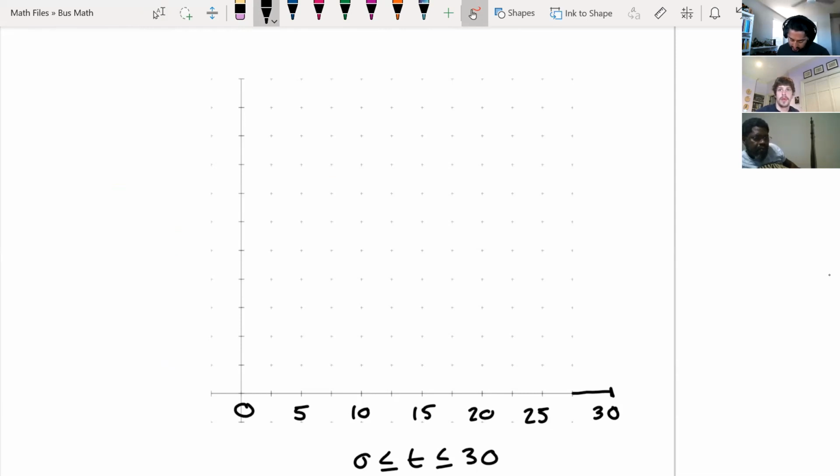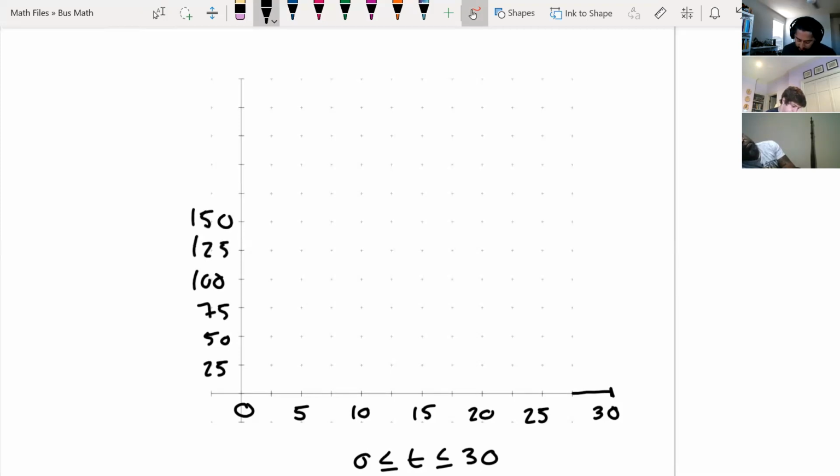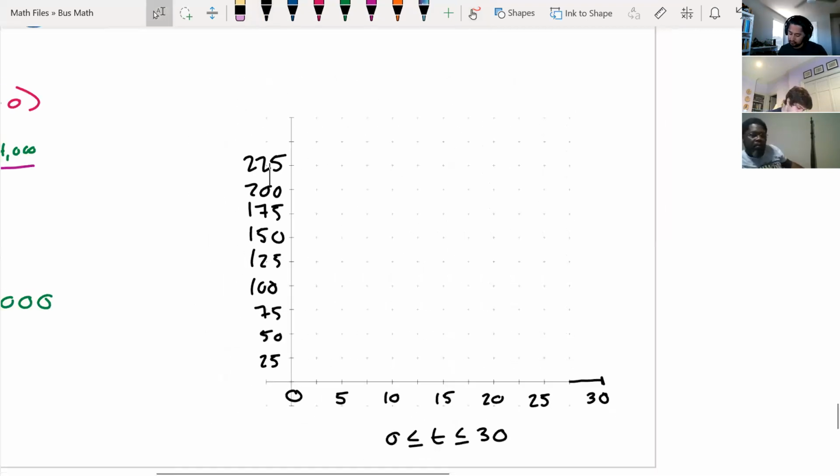Let's see. 25, 50, 75, 100, 125, 150, 175, 200. All right, good. So I'm going to say 25, 50, 75, 100. And what we must understand is that this is in the thousands, right? And then 125, 150, 175, 200, and we'll end at 225.